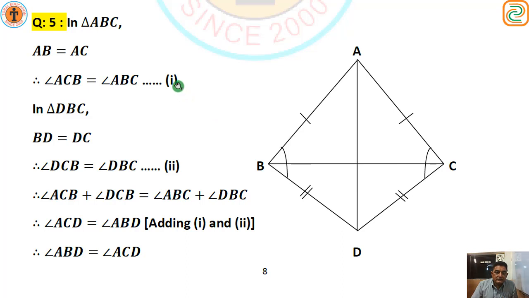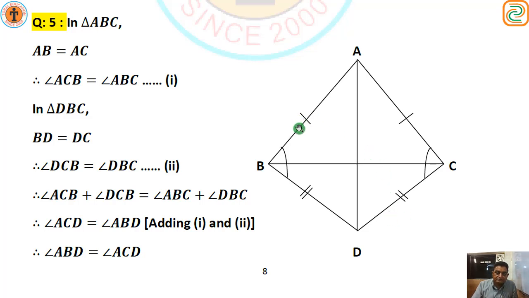Now let's add both 1 and 2. Adding 1 and 2: ACB plus DCB equals ABC plus DBC, right? So if we add both, we get ABD equals ACD, right?